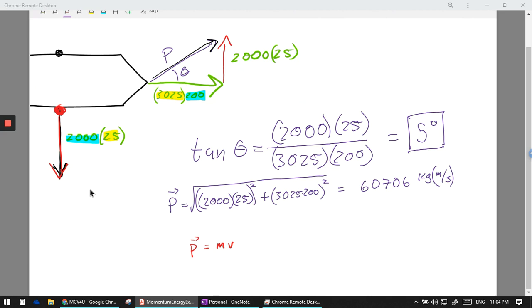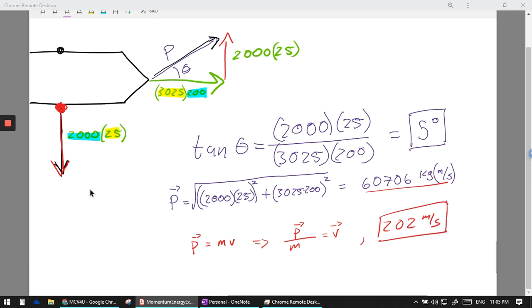So we're going to take this momentum and divide it by the mass of the ship to get its velocity. The momentum divided by the mass of the ship is going to be the velocity of the ship. And apparently you get around 202 meters per second there, right?